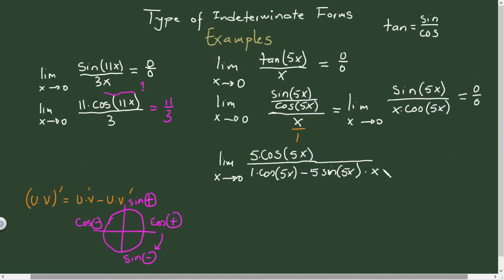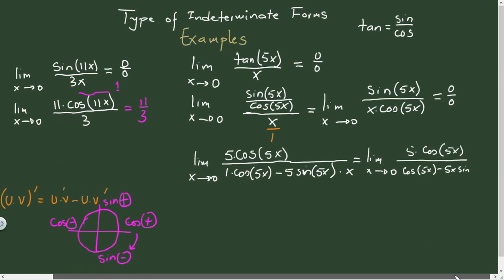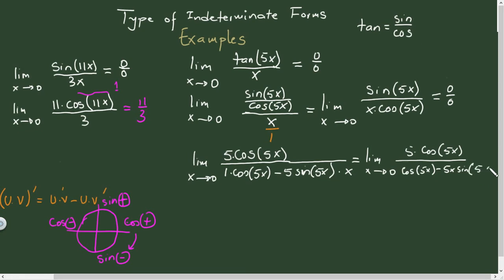So this is equal to the limit as x goes to 0, just rearranging everything, of 5 times the cosine of 5x over the cosine of 5x minus 5x sine of 5x. All right, we've got everything.